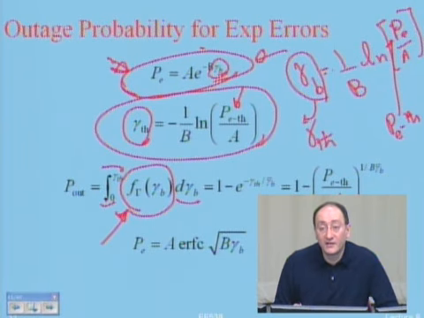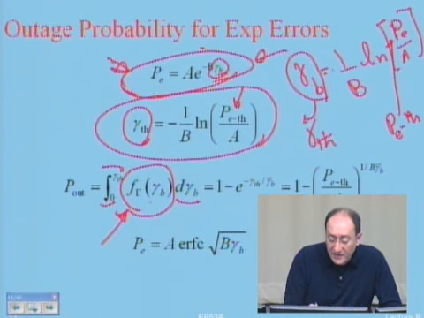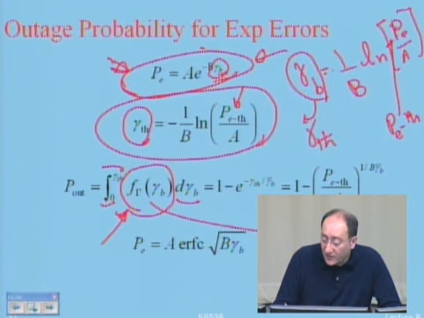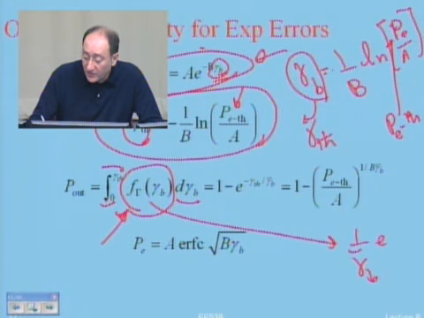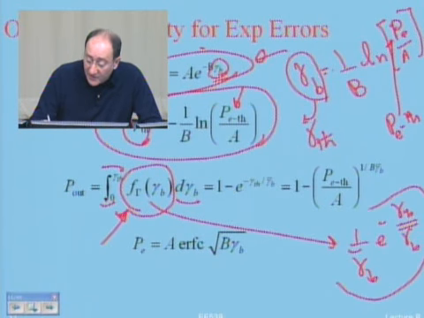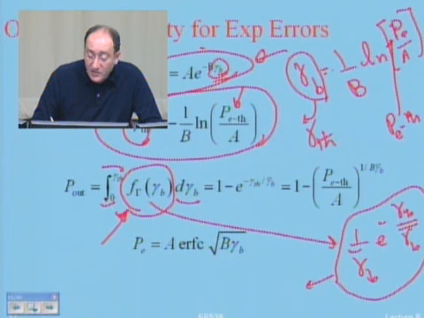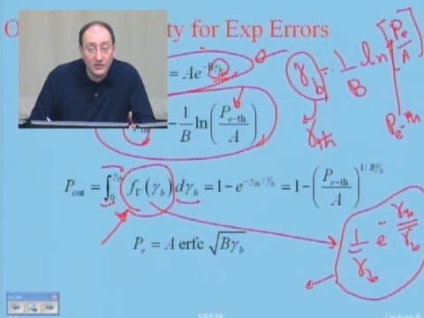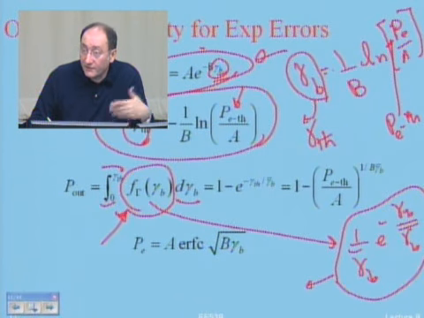You follow that? What was this f of gamma? That was 1 over gamma sub b average e to the minus gamma sub b over gamma sub b average. And this is an exponential distribution, which associates to the amplitude squared of what? Of Rayleigh fading.